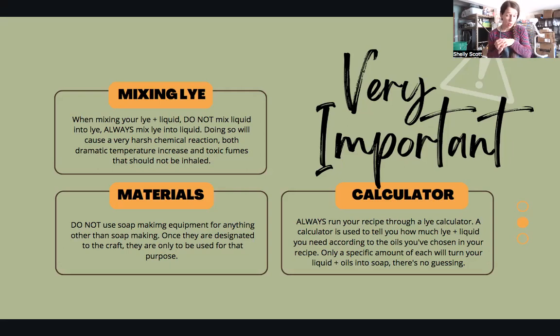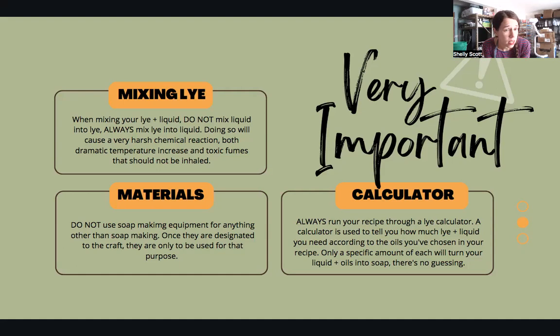Doing otherwise will cause a very harsh chemical reaction, both a dramatic temperature increase and toxic fumes that should not be inhaled. And so if some of this is going over your head right now, fear not. I'm going to show you this real life application. But first we just want to talk about the basics. And so always lye into liquid, never the other way around.